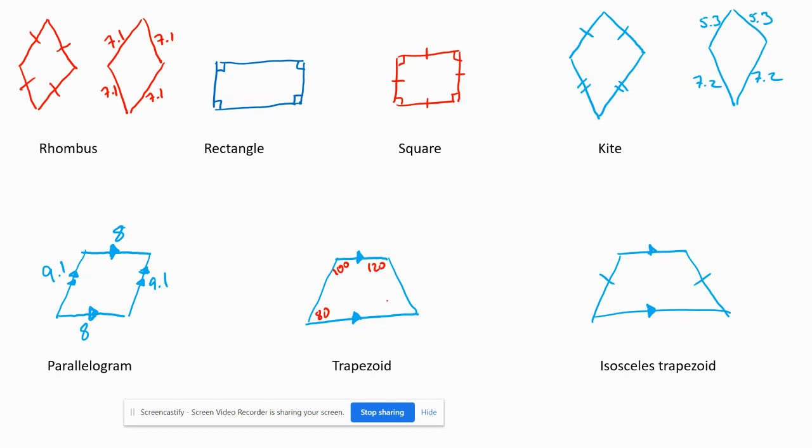So I can call this 120 and 60. Right? They do add up to 180. Now notice that the angles on the left and the numbers on the right, I didn't use the same numbers. I just said the numbers on the left have to add up to 180. The numbers on the right have to add up to 180.